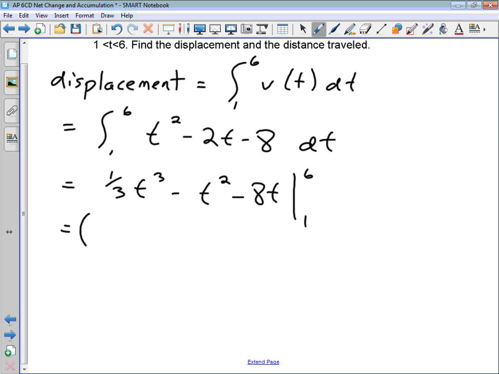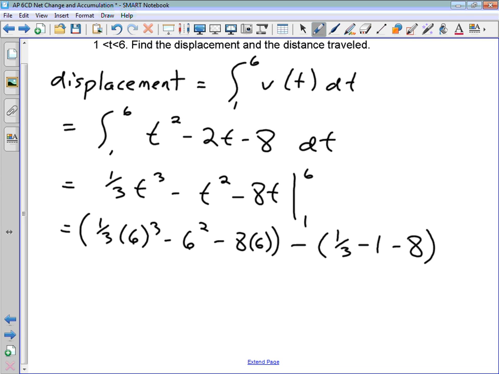So we sub in 6 first, and we get 1/3 6 cubed minus 6 squared minus 8 times 6, and then we subtract from it what we get when we sub in 1. That's going to be 1/3 minus 1 minus 8. We evaluate this whole thing, and we get negative 10/3. Exactly.